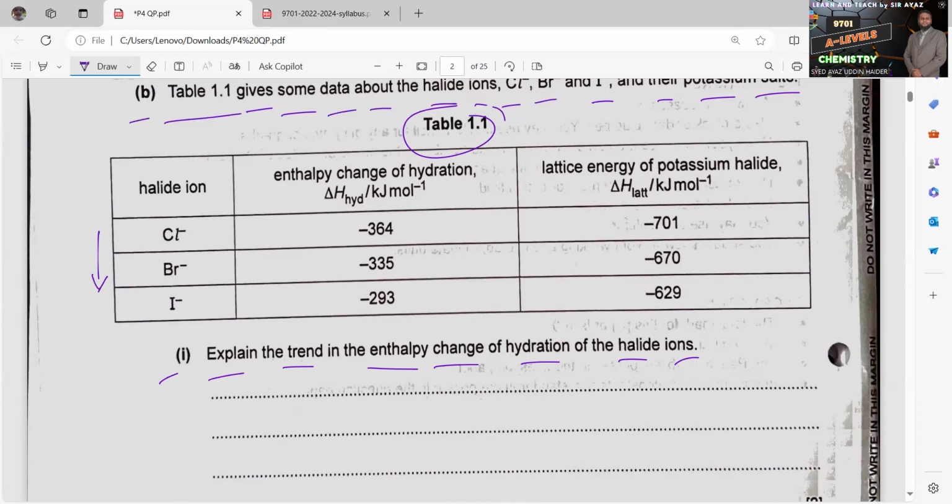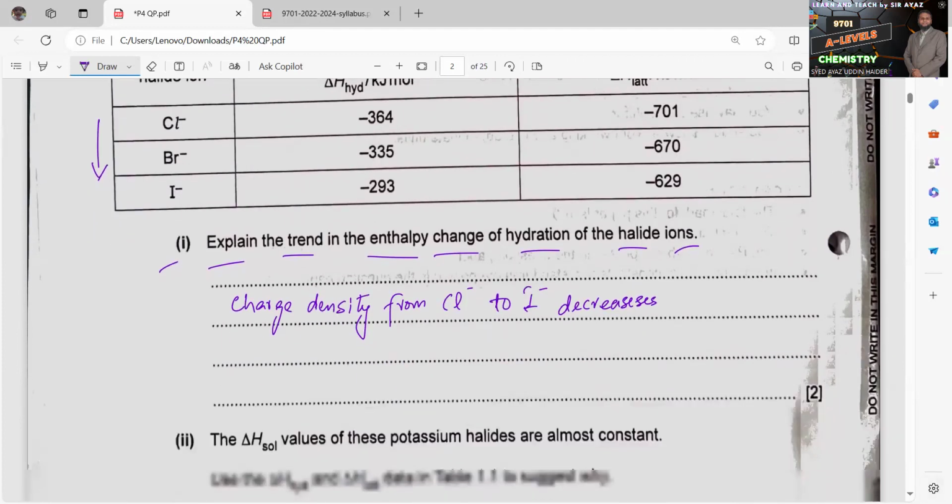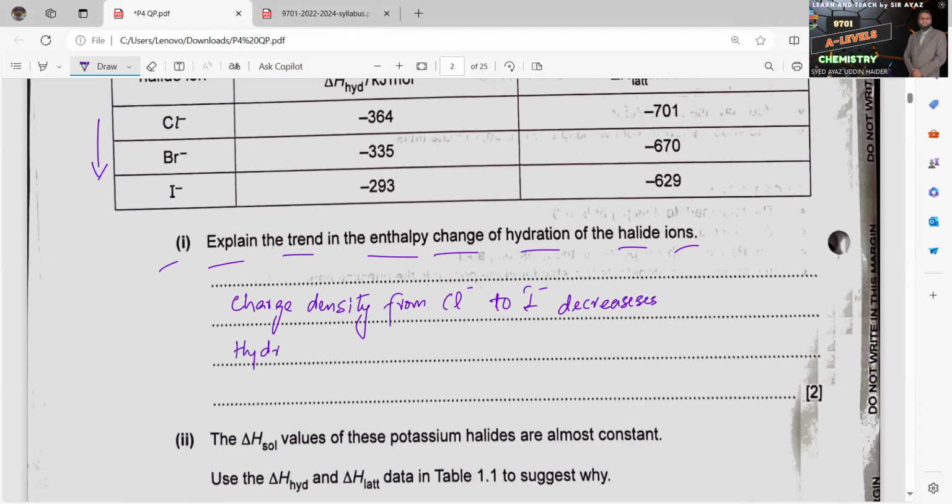Let's start with the charge density. Charge density from Cl minus to I minus decreases. It's because of the size. As size increases, the charge density decreases. So hydration enthalpy is less exothermic, as you can see from the table.